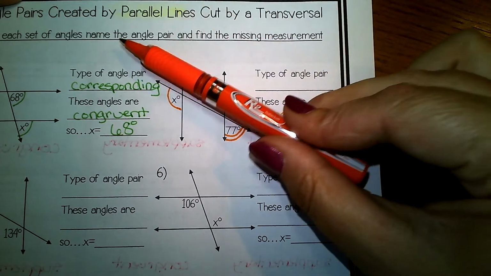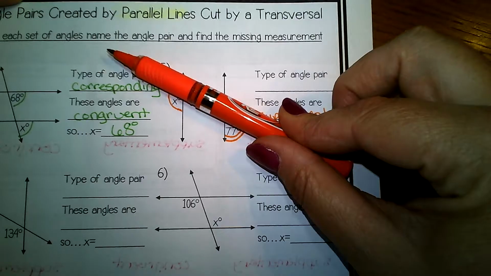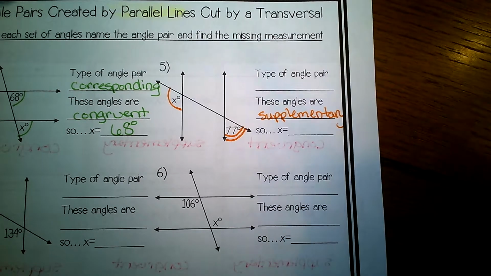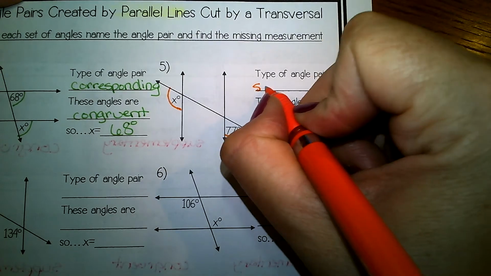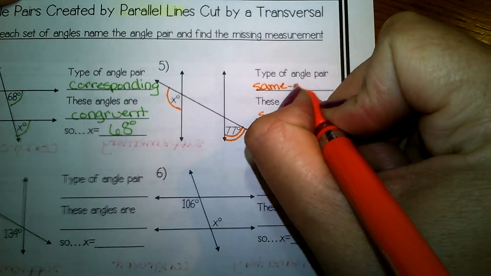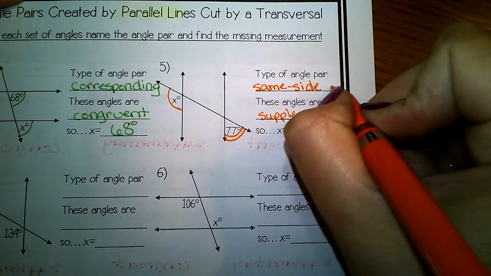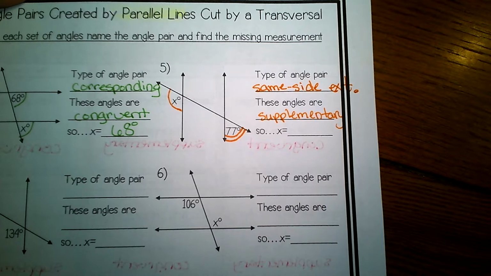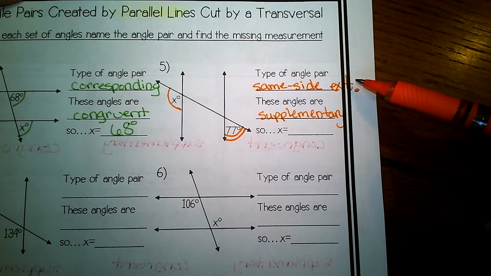And now I can think through what kind of angles are supplementary. Well, let's check out their position. They're both on the outside of the parallel lines, so they're exterior, but they're both on the same side of the transversal. If this pen is the transversal, they're both on the bottom beneath the transversal.